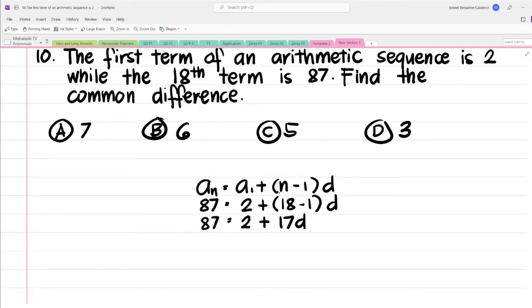Since we are solving for d, what we want to do is to isolate the term that contains d on one side. Since may kasama siyang 2, transpose natin to the other side. So we'll have 87 minus 2 is equal to 17d. That's 85 equals 17d.